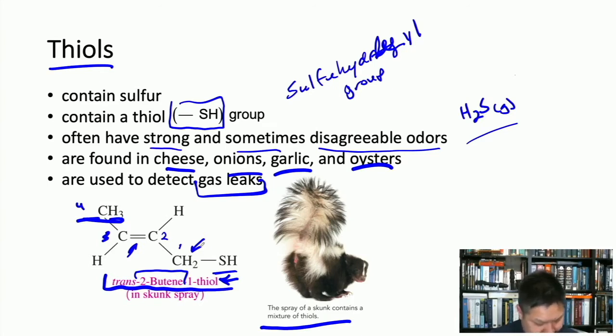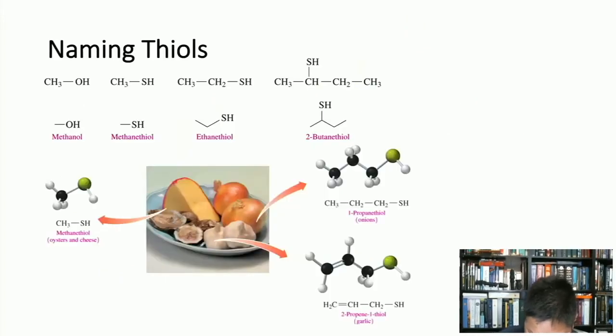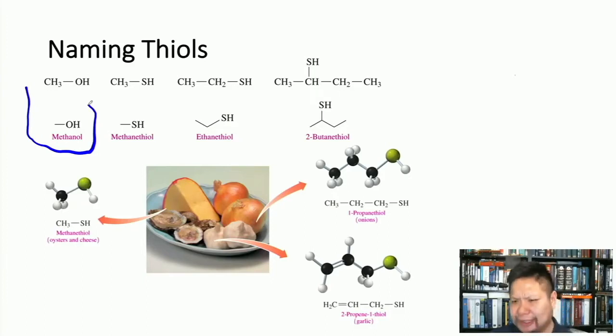What is next? Oh, naming thiols. We just named one here. Let's name a few more. So again, we have here methanol, when an OH is connected to just a methyl group. They're just using that as an example because it's the same thing when you do the SH, which is the thiol right here.